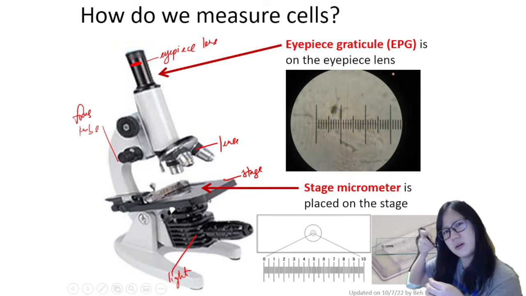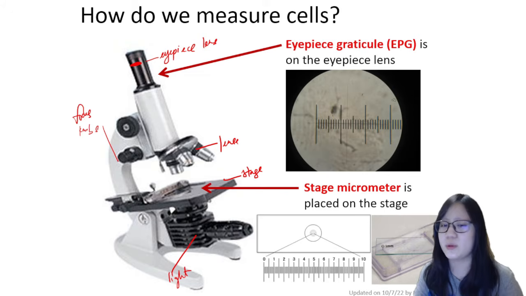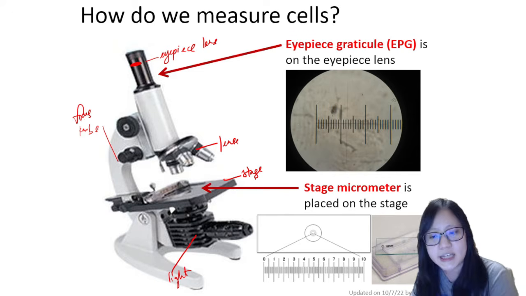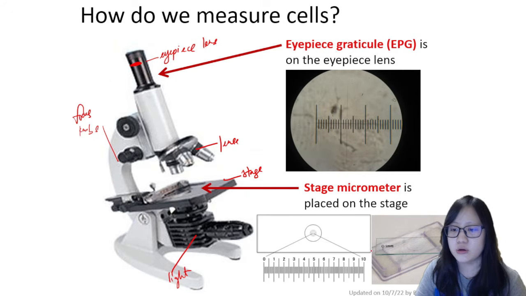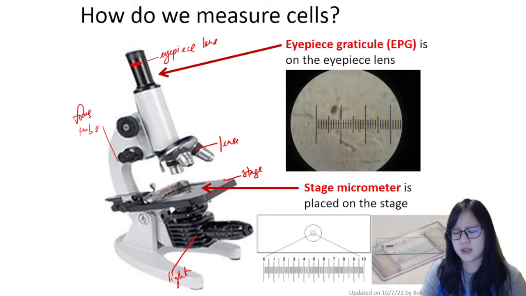It's removable, so when people don't want it, they can take it out and put it back in when they need it. Anyways, the next thing we need is a stage micrometer, and as you guessed it, stage micrometer is placed on the stage. It's usually like a slide. This is how it looks like in the lab. They usually write the measurement on it.